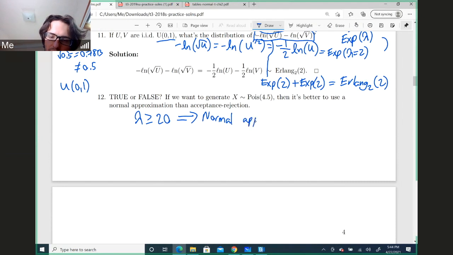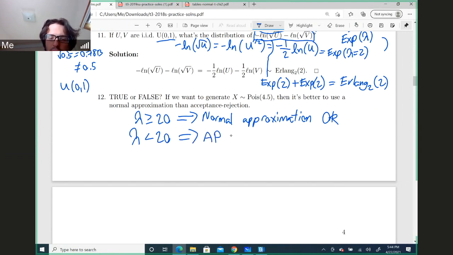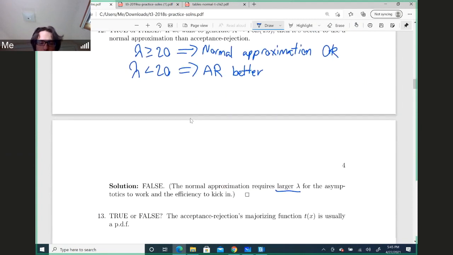Otherwise, with lambda less than 20, acceptance rejection is better. In this case, lambda is equal to 4.5, which is a lot less than 20. So acceptance rejection is better because you really need lambda to be pretty big before you can start to rely on the normal approximation. So that's pretty much that one.